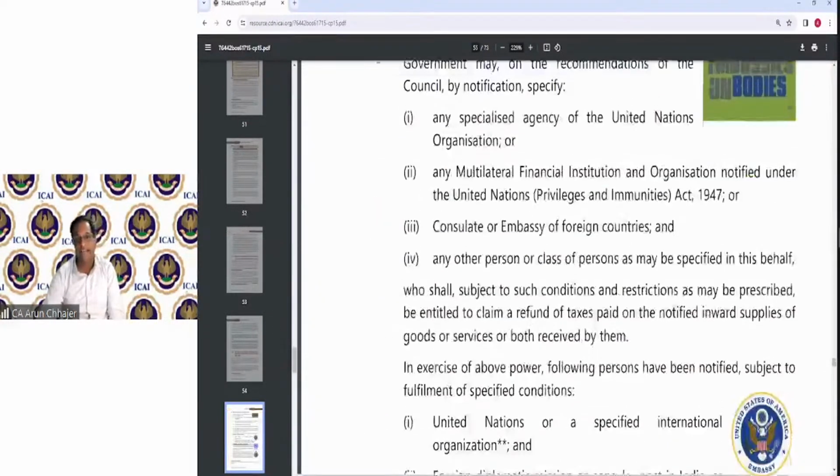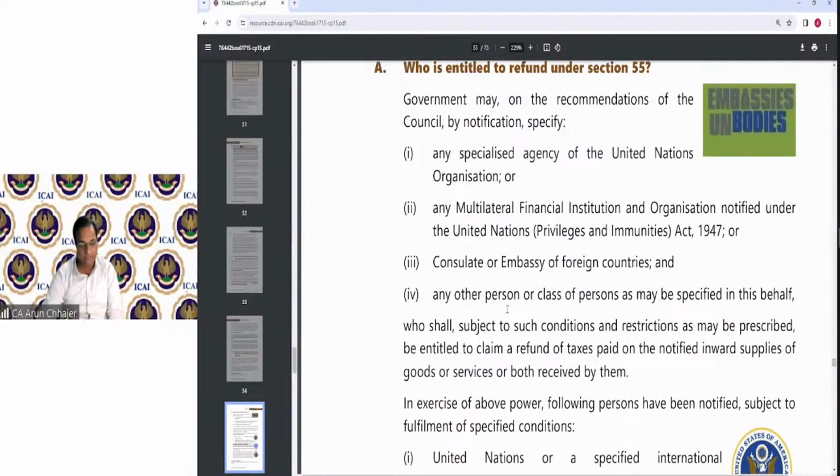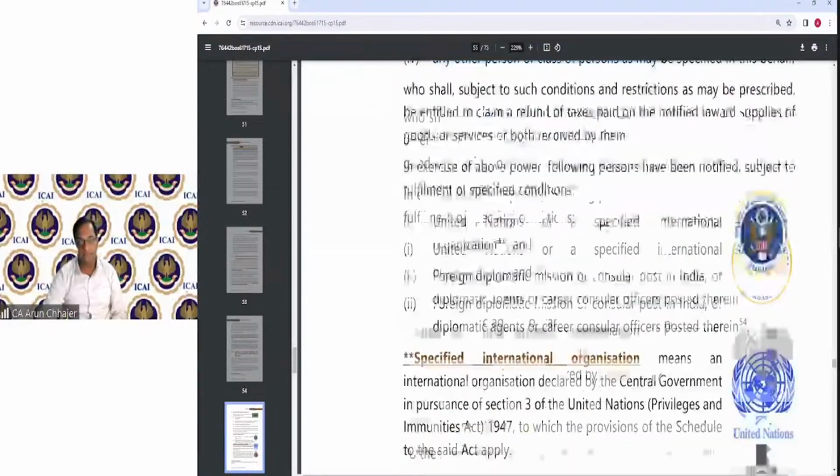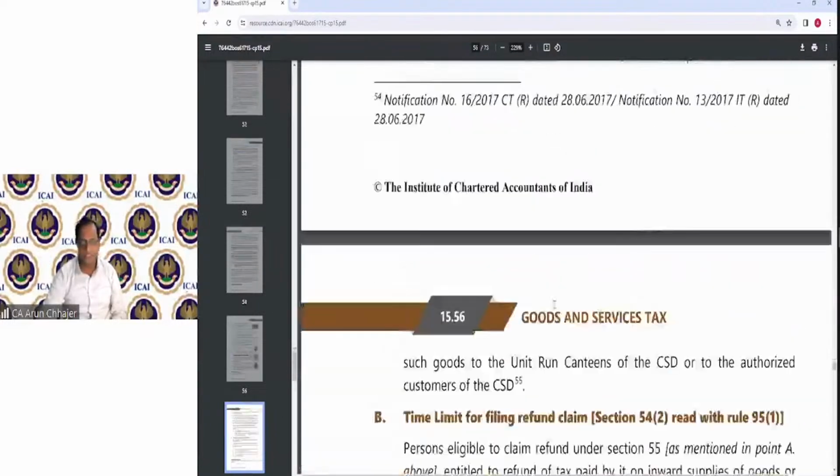Who is entitled to the refund under section 55? They are saying any specialized agency of the United Nations organization, any multilateral financial institution, consulate or embassies, or any other person as may be notified in this behalf. Okay. So that you can read as specified.